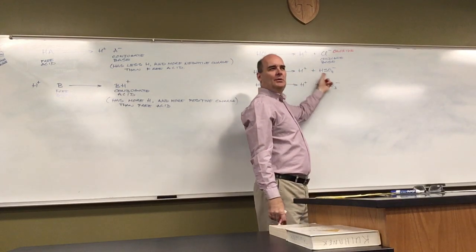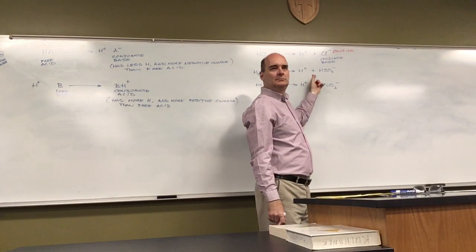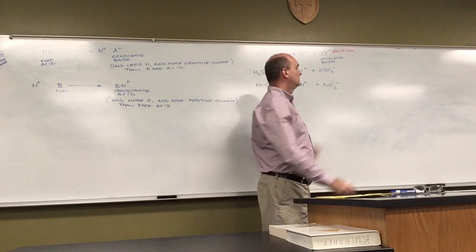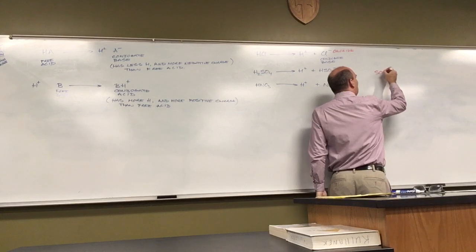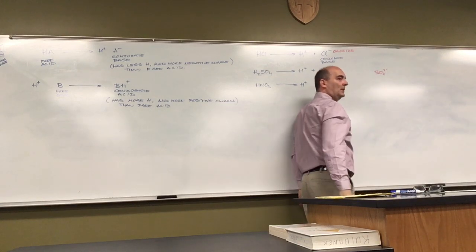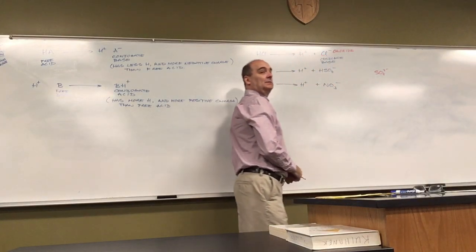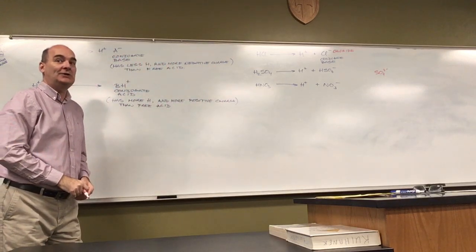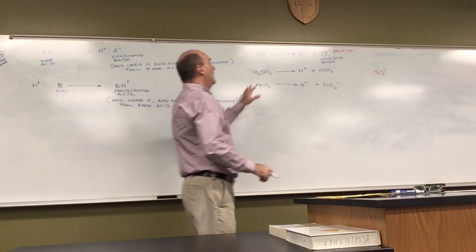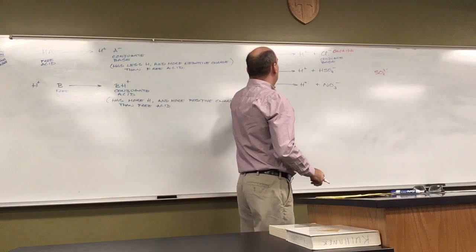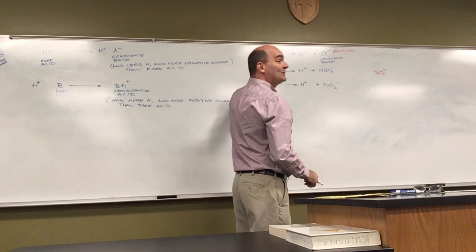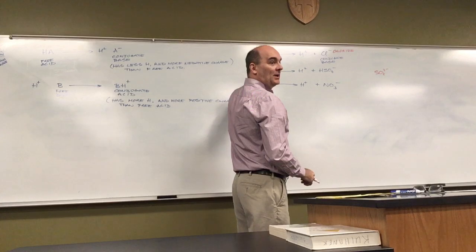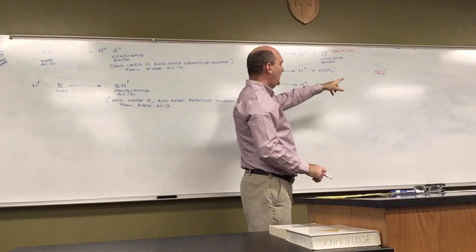What's this one called? SO4 is sulfate. Ate at the end of a word means negatively charged and contains oxygen. If the H2SO4 loses both H pluses, then you make sulfate.